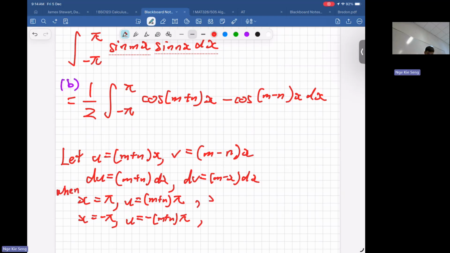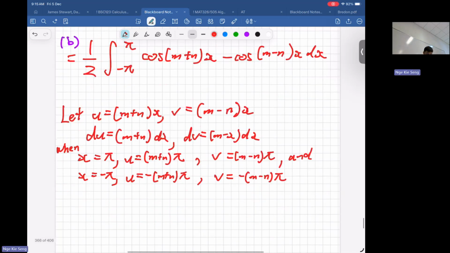And then when x equals, what else? Yeah, sure. So then v just becomes (m minus n) pi when x is pi, and v becomes minus (m minus n) pi when x is minus pi.